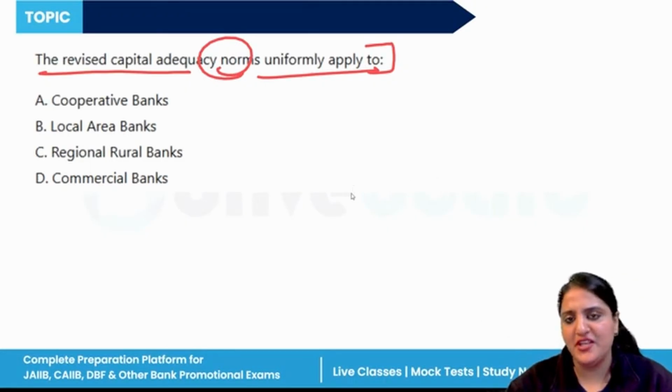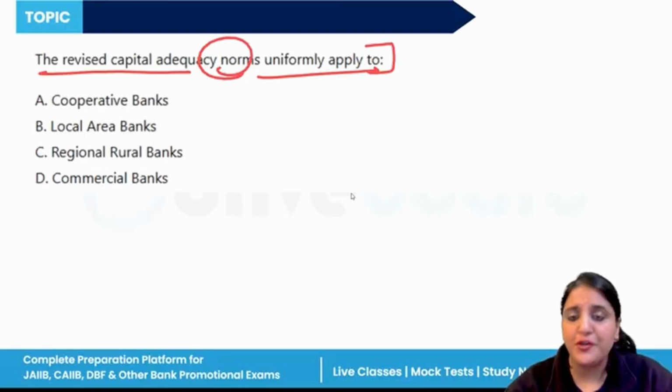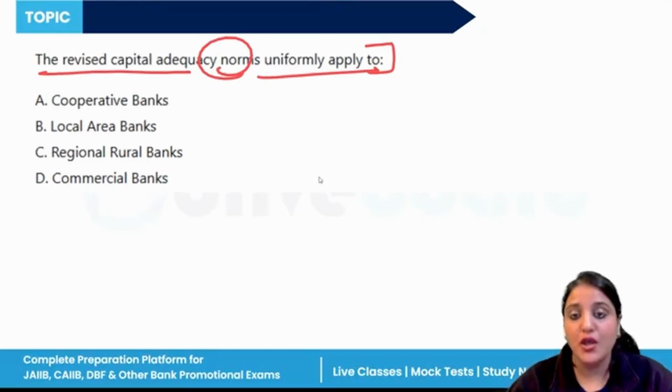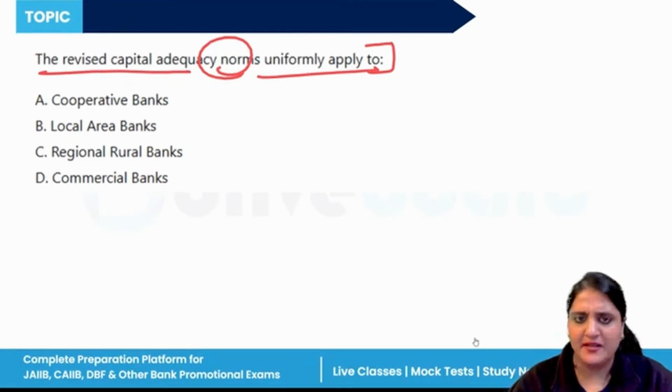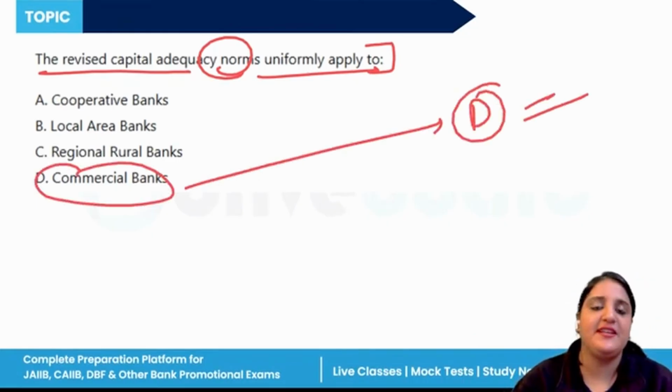Revised capital adequacy norms apply to commercial banks, not to cooperative banks, not to local area banks, not to regional rural banks. Uniform application is there. It excludes cooperative banks, it excludes RRBs, and it excludes local area banks. So the norms apply only to all the commercial banks. Option D is definitely correct here.